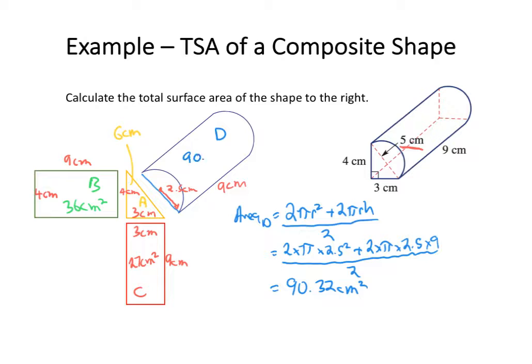Adding that to my net, now I have all of the individual components I can add together to calculate my total surface area of the 3D shape.